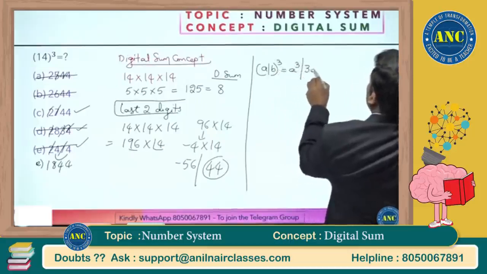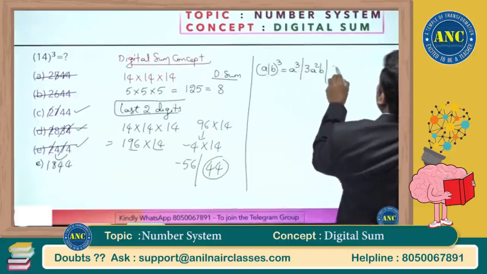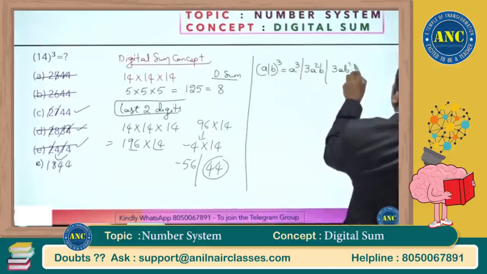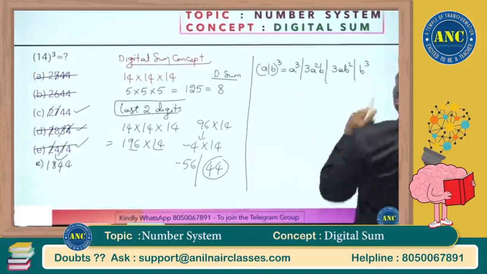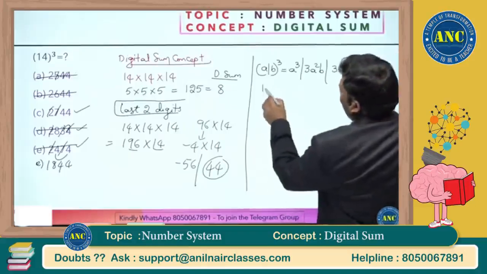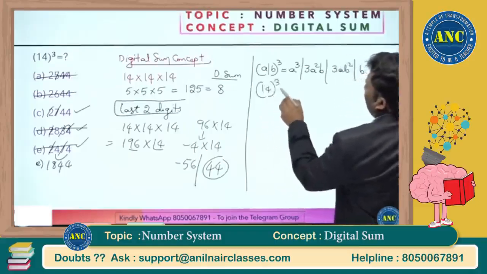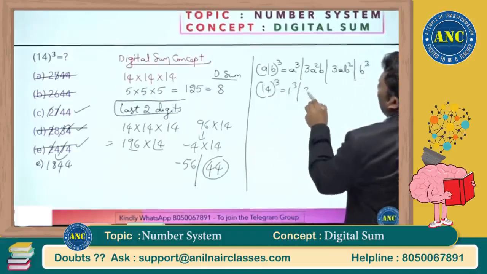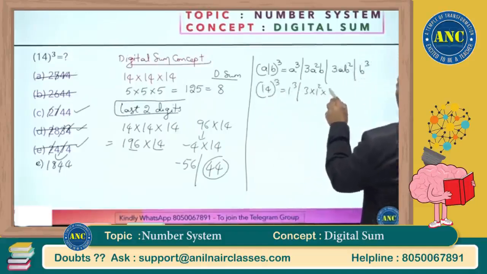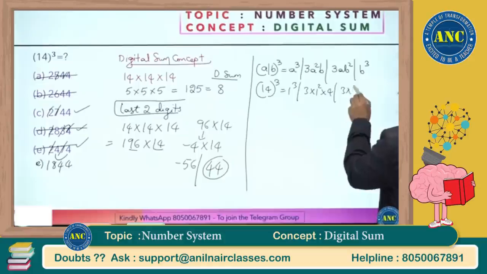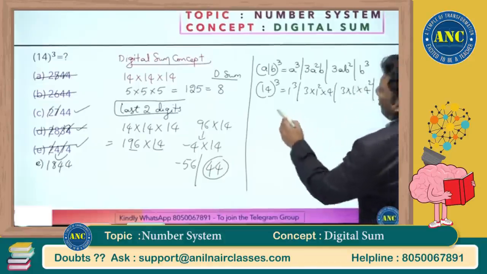Whenever we are stuck in any problem, the concepts which we discussed in speed calculation will help us find the exact answer. For 14 cube, a is 1 and b is 4. The formula is a cube, 3a square b, 3ab square, and b cube. If you solve this, you will get 2744.